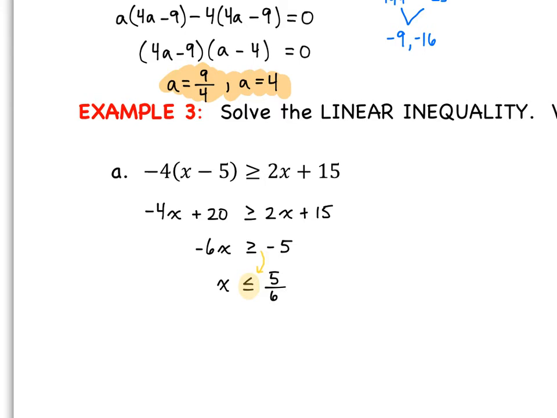All right, we have one last step because we are told to write our answer in interval notation. So I want you to give that a try and then come back and see how you did. Did you get -infinity to 5/6 inclusive, meaning a parenthesis at -infinity and a bracket at 5/6?